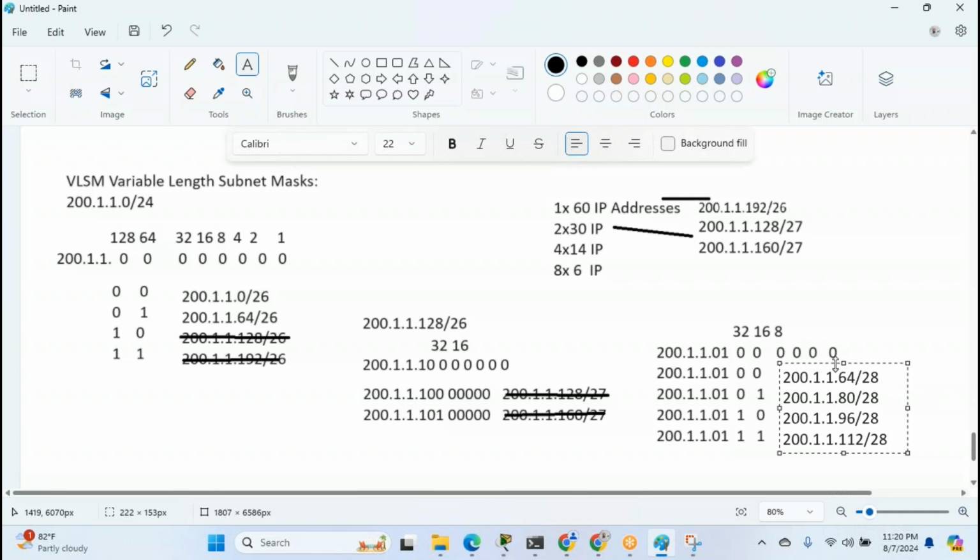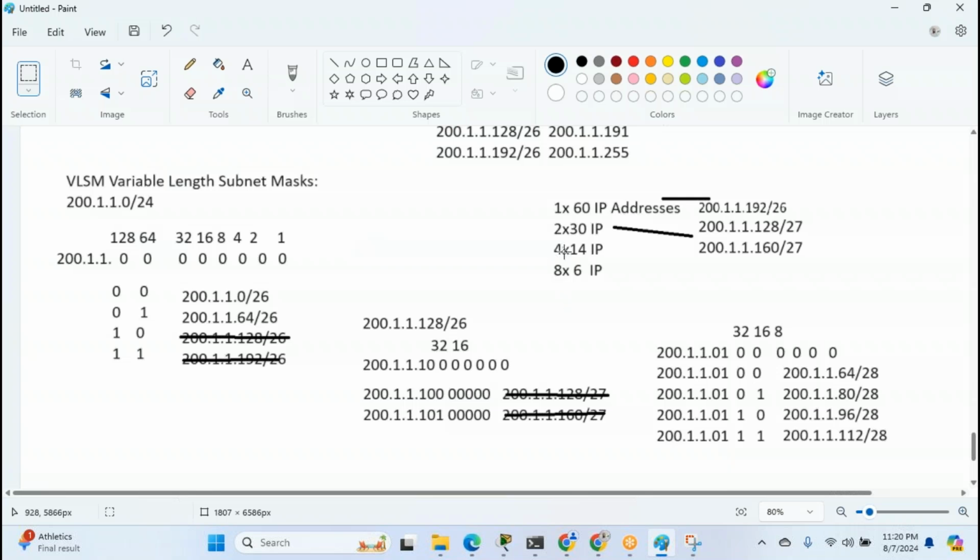So these are the 4 subnets with 14 hosts. In this way we have fulfilled the third requirement as well, and we will give these subnets to fulfill this requirement.